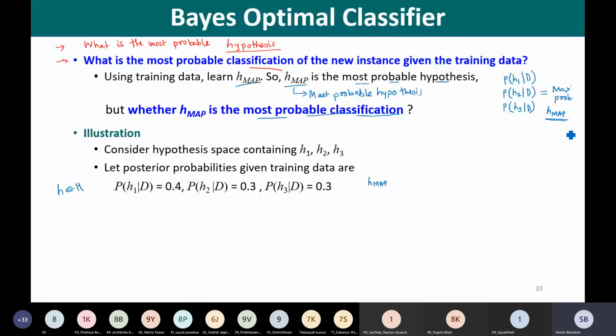Suppose we are having this data set available with us. Okay? And we want to come up with a decision boundary. So this decision boundary is nothing but the hypothesis. Right? So I may come up with this hypothesis, I may come up with this hypothesis, I may come up with this hypothesis.